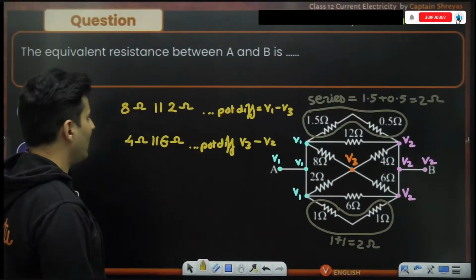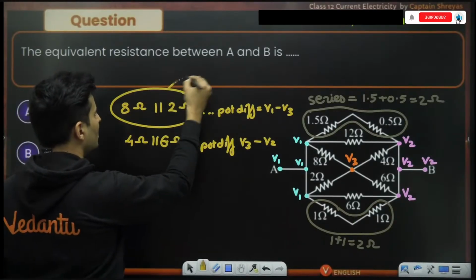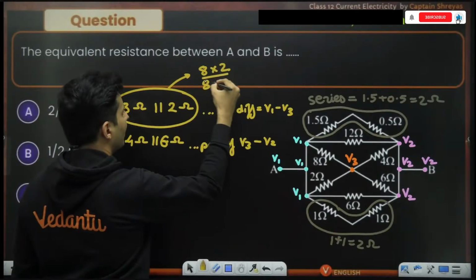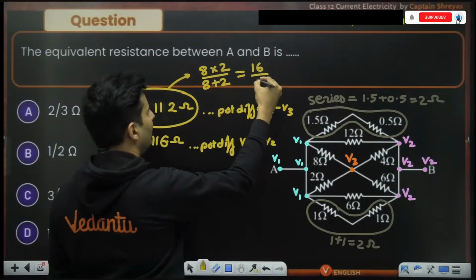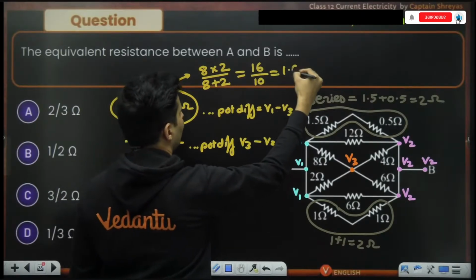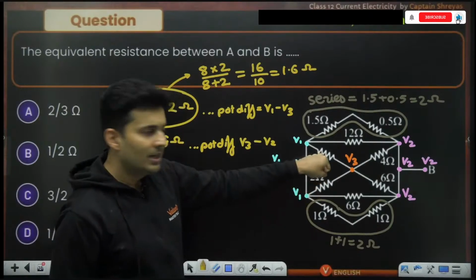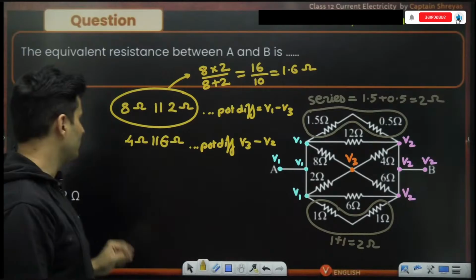And if I look at them in parallel, guys, what is this equivalent combination going to be? R1 R2 by R1 plus R2. 8 2s are 16 divided by 10, so this is 1.6 ohms. So 8 and 2 together between V1 and V3 is 1.6 ohms.